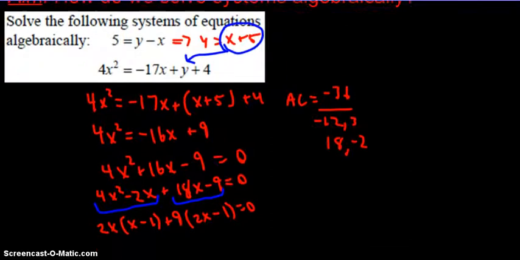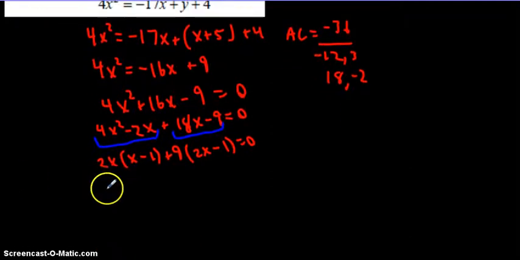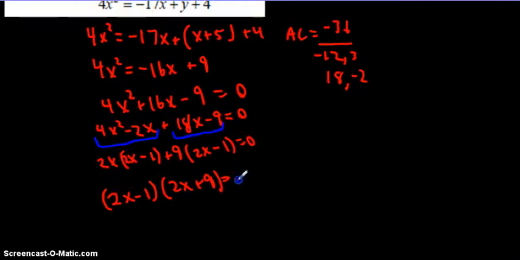I'm going to scroll down for space. So that leaves us with x minus 1 times 2x. Oh, sorry. That should have been a 2 here. So that would be 2x minus 1 times 2x plus 9 equals 0.